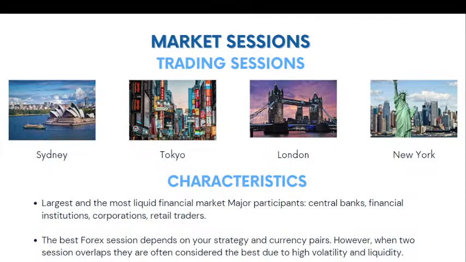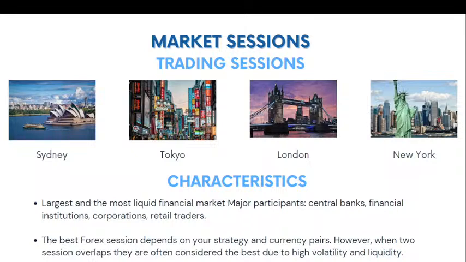Okay, that stopped. Now we have basically 4 market sessions. We have the Sydney session, the Tokyo session, the London session, and the New York session. Some of the characteristics: the largest and most liquid financial market is obviously Forex trading. I already mentioned the participants are the central banks, financial institutions, corporations, and retail traders.